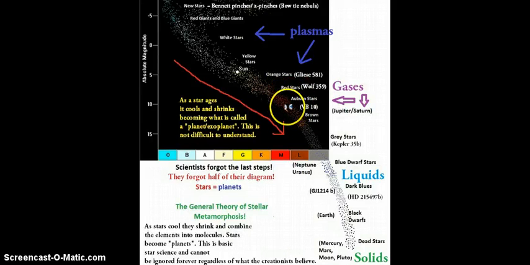This is the stage of stellar evolution when scientists lose their minds, and then they all of a sudden go, oh well, since we can't see it, it must not be going thermonuclear reactions, thus ceasing the ability to shine. Well, they're clueless, because stars are not powered by thermonuclear reactions. They're shining because of plasma recombination.